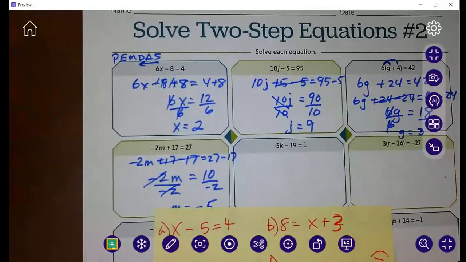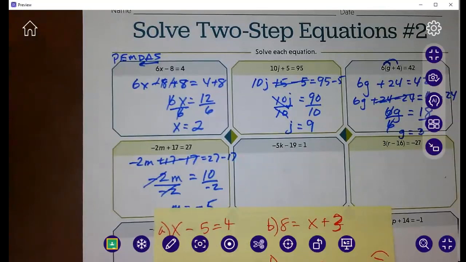So again, everything's going to build on each other. From this point on, everything we do is going to be on how do we get the equation, and then how do we solve it?